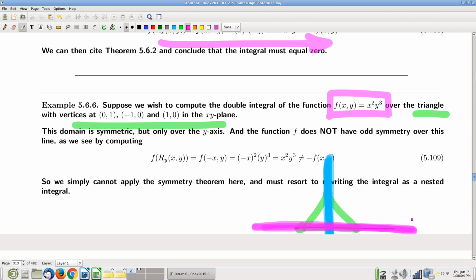So the only line of symmetry of the domain and the only line of symmetry of the function are different lines. So there is no symmetry theorem that can be applied.